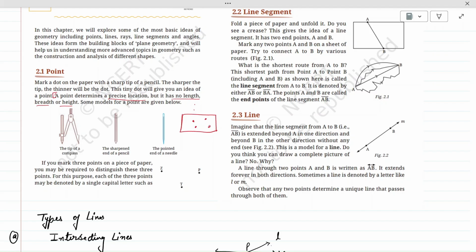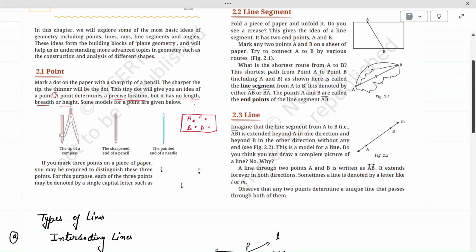So we always give a name to the point, and we can give it any alphabet, like A, B, C, D, X. If we have 4 points on the paper, A, B, C and D, then looking at this, we know the location of these points. We know where A is, where B, C and D are. So these points are used to tell us a location.